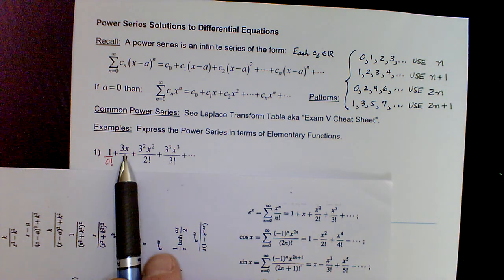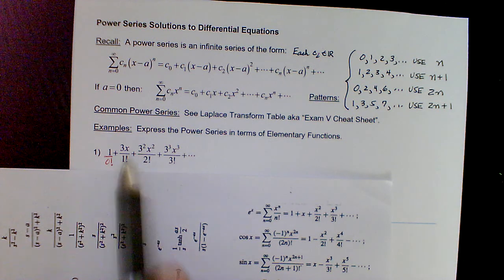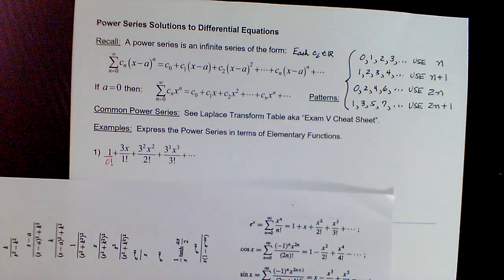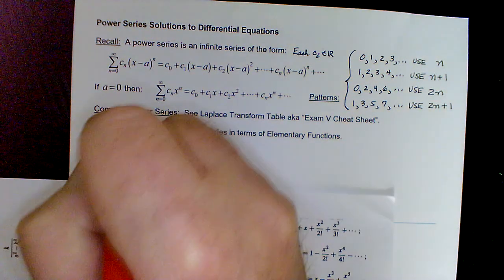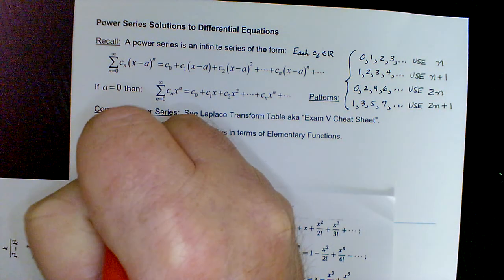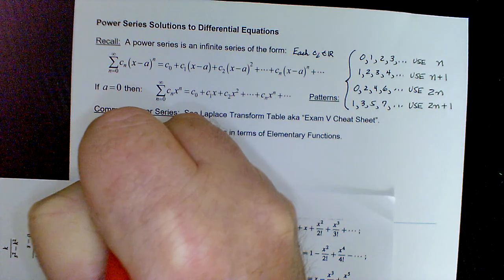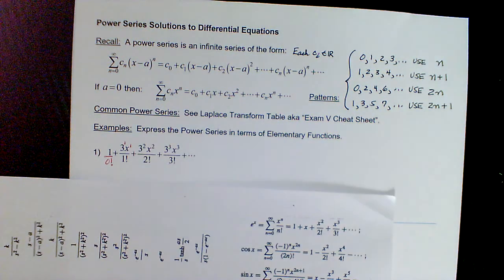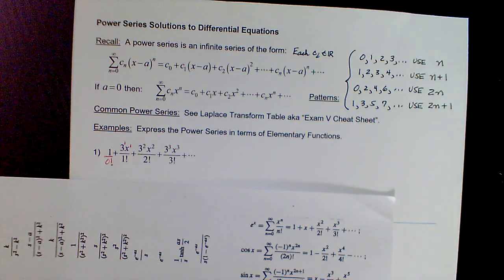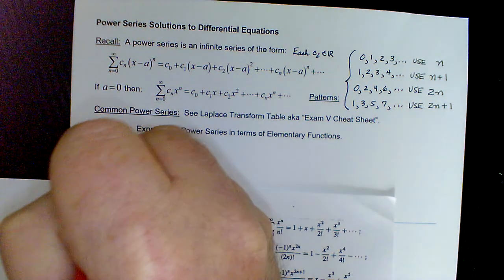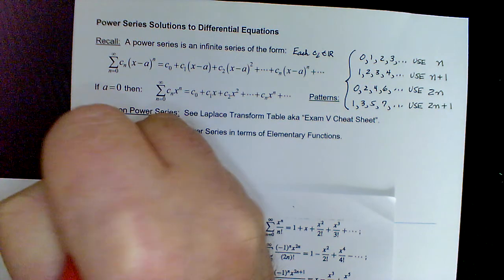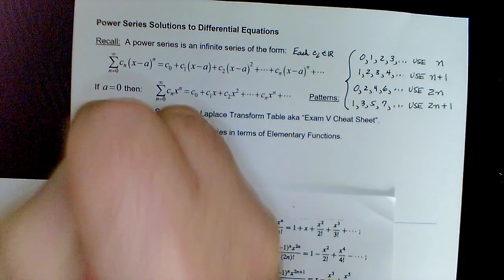But we've got this 3 in the way. But notice that the power on 3 matches the power on the factorial as well as the power on x. That is, that's 3 to the first, x to the first. And you could really write this 1, if you wanted to, as 3 to the 0, x to the 0.